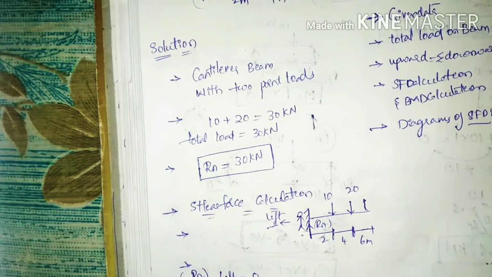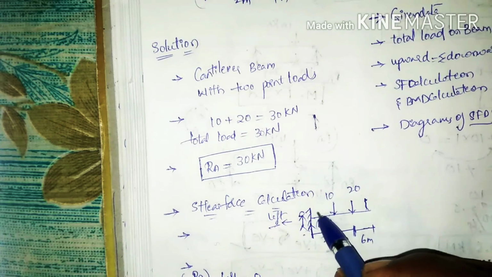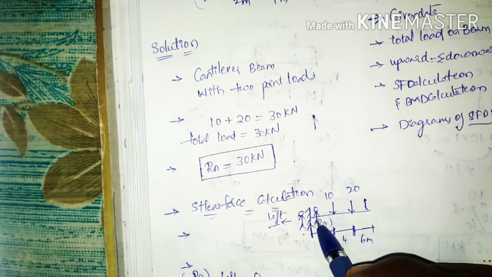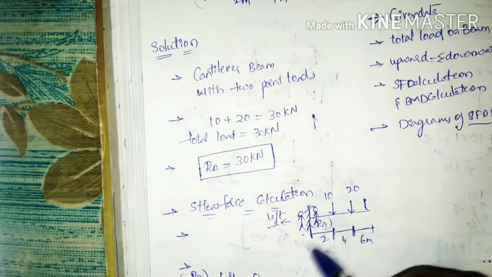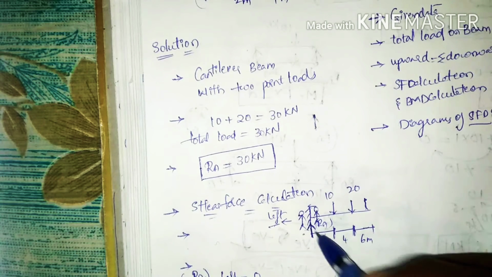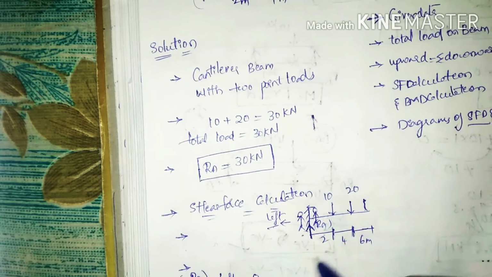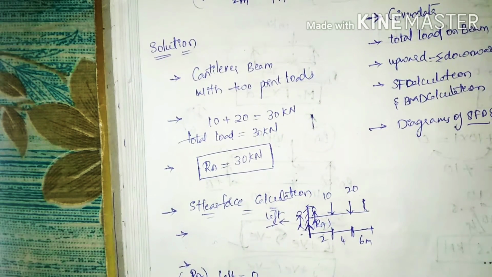For the right of RA, when I stand to the right of RA and look at the left side, I find the RA reaction acting in the upward direction. That value of RA is equal to 30 kilonewtons.